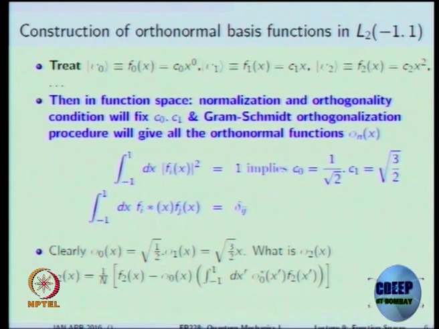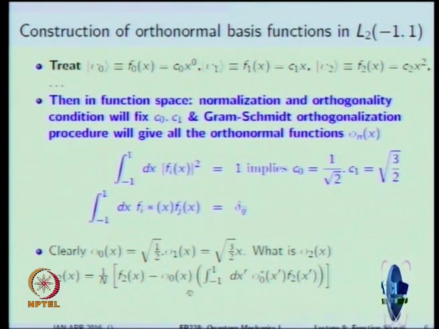So the same procedure. Take the f2 function, subtract out phi naught of x. That's the projection along phi naught in the function space. So the inner product will be replaced by an integration. x is a dummy variable, so I call it x prime because I already have an x here.